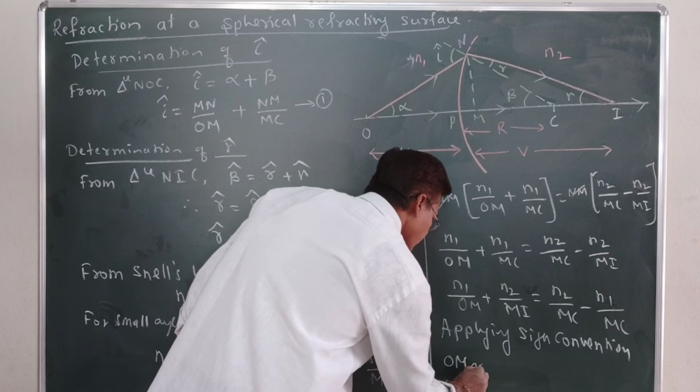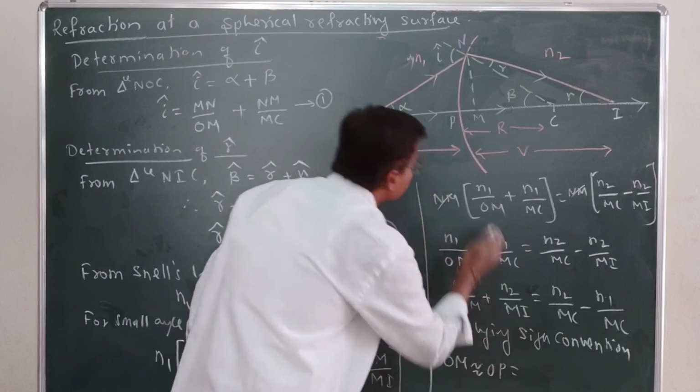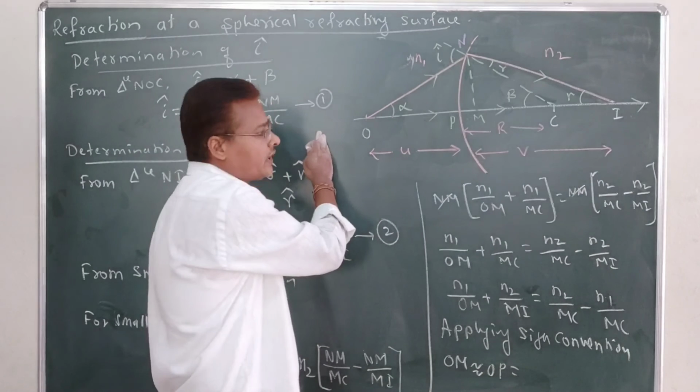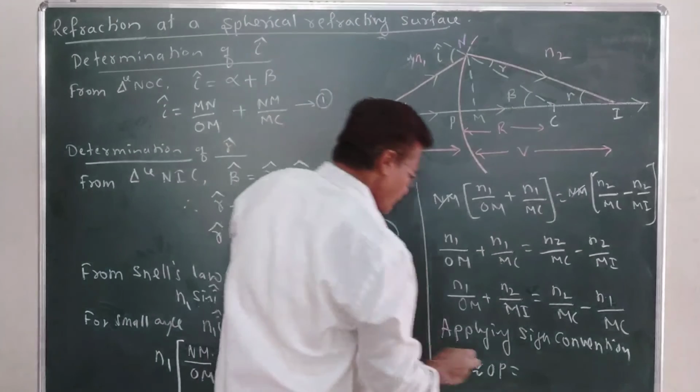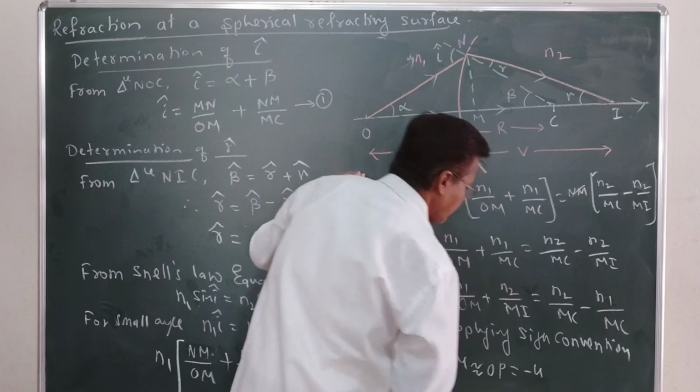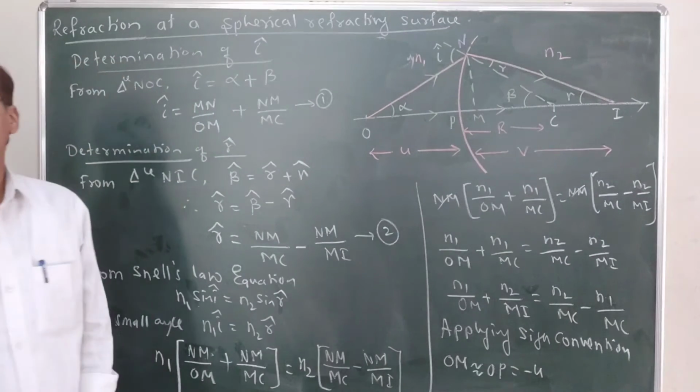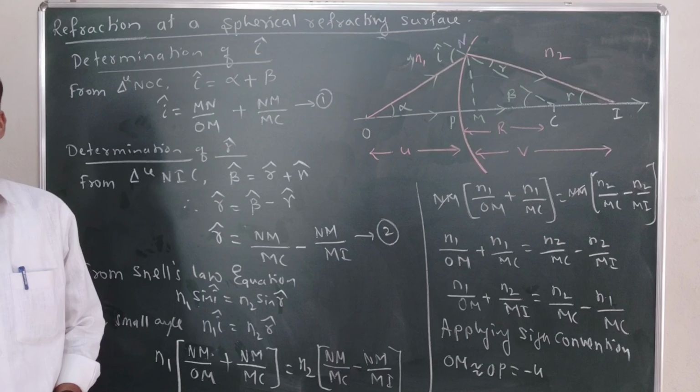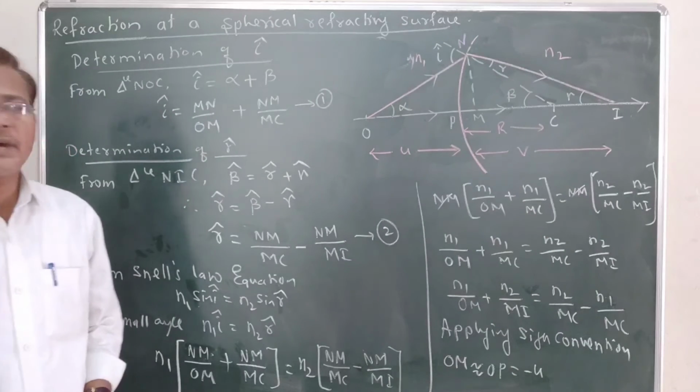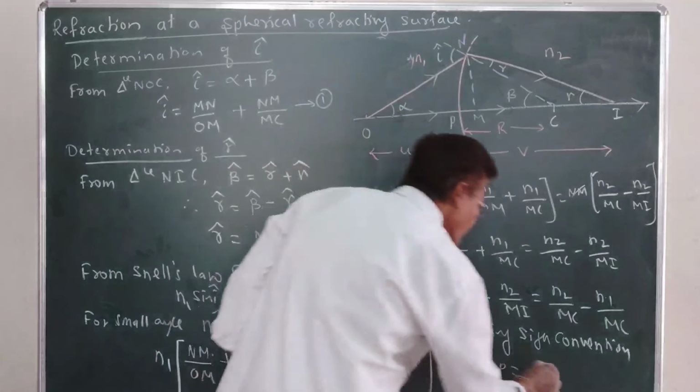It is on the left side, so it is negative, that is minus u. Then MI is on the right side, so it is positive.